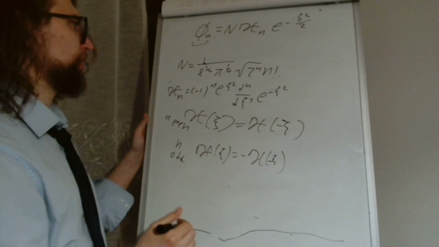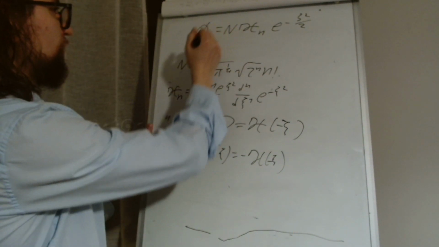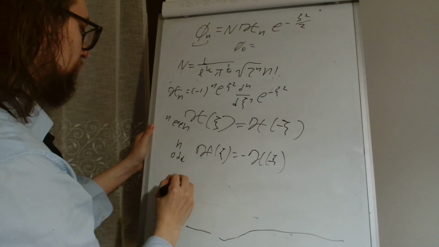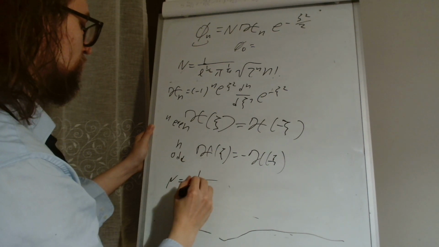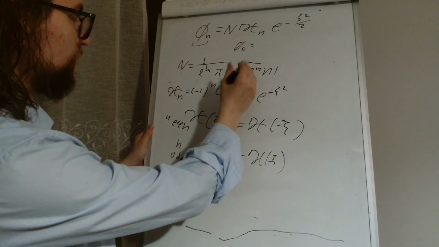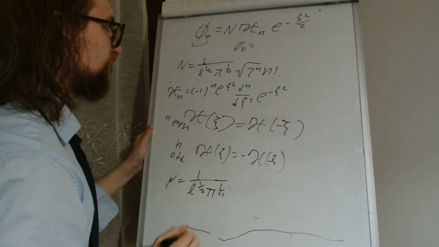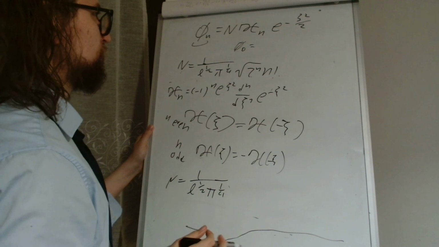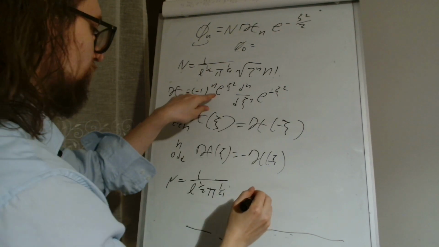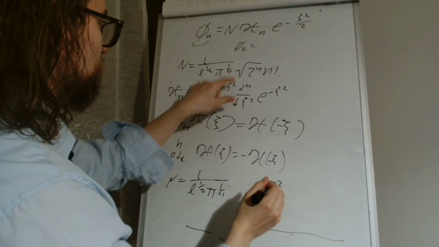Now, for example, we can calculate phi 0. For phi 0, N will be equal to 1 over L to the 1/2 pi to the 1/4, and we will have H0 equal to 1. Here we have e to the c squared.